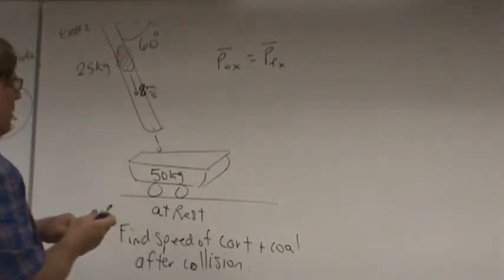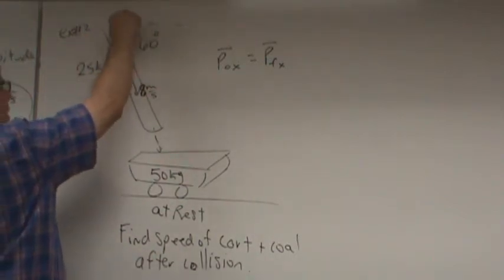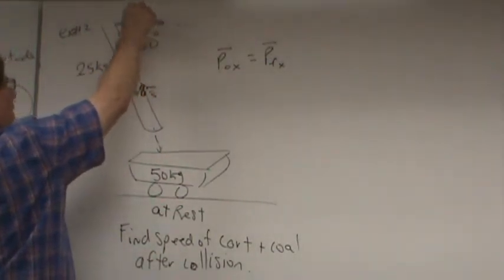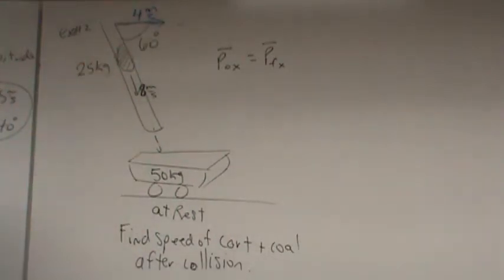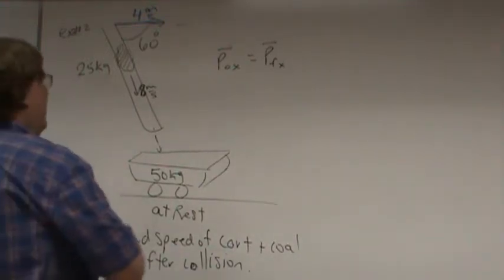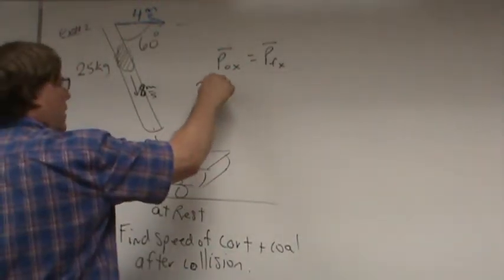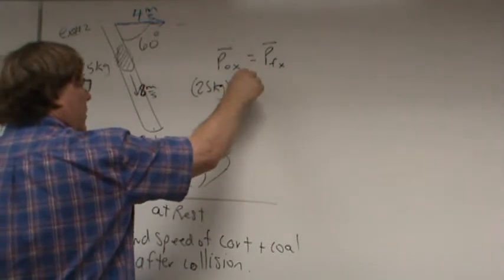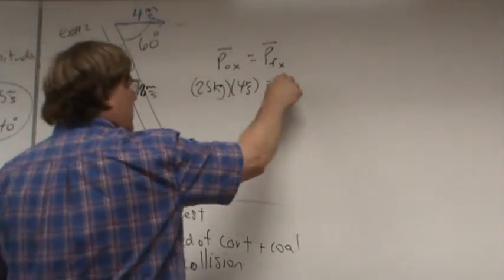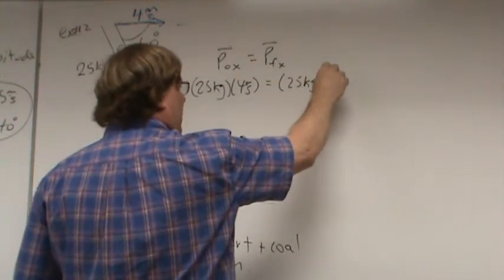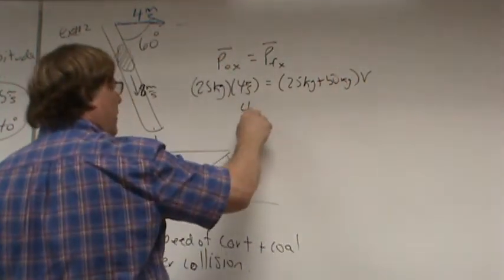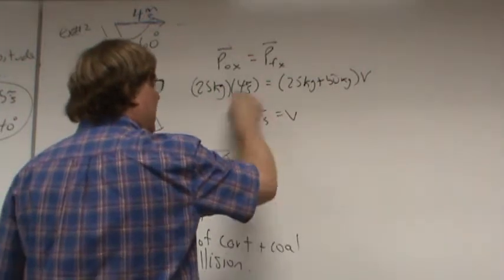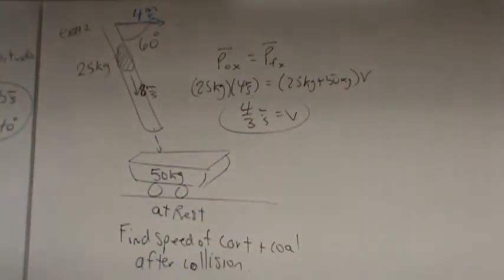Alrighty, and so because this is a 60-degree angle, the x component is 4 meters per second. And so you end up with 25 kilograms times 4 meters per second equals 25 kilograms plus 50 kilograms times v. And so you get 4/3 meters per second equals v. You guys okay with that?